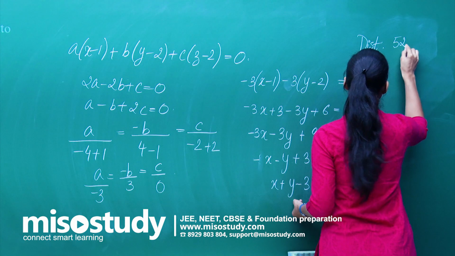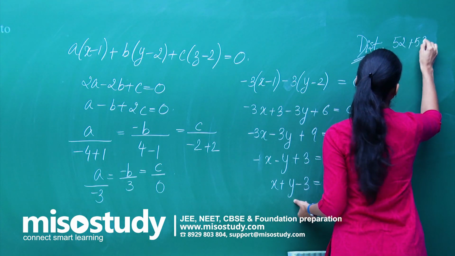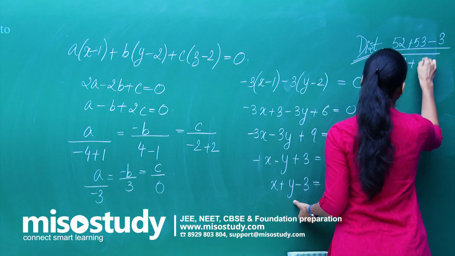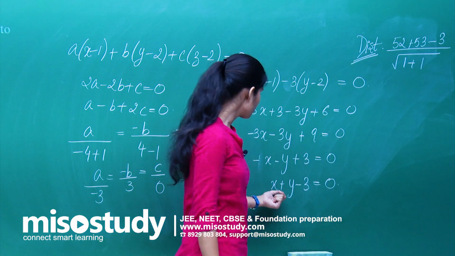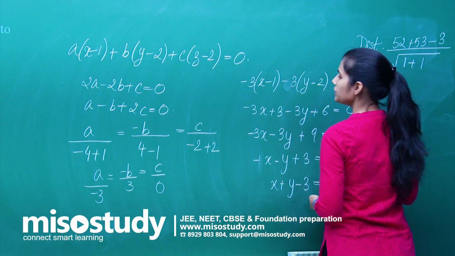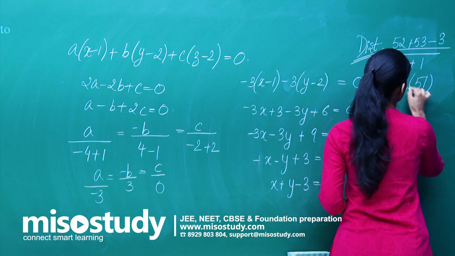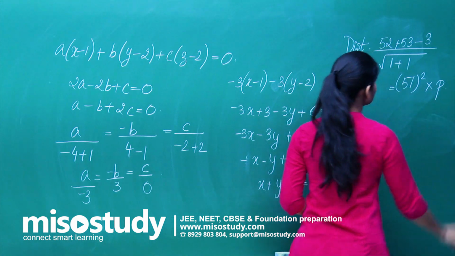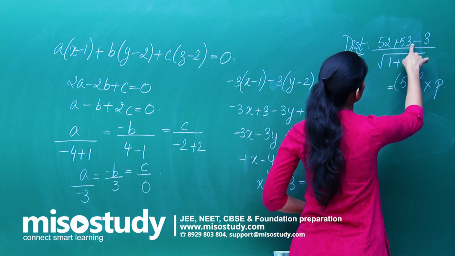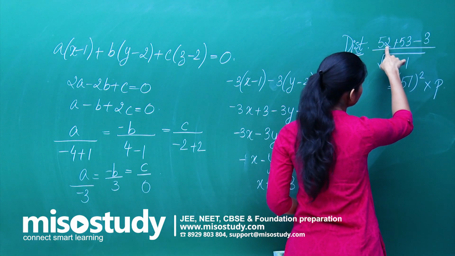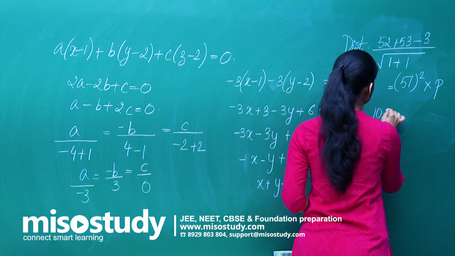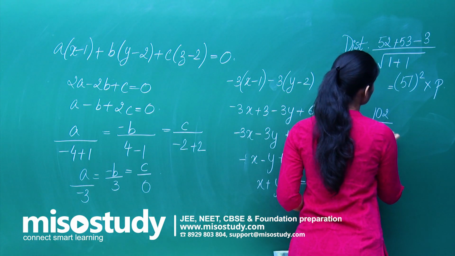So 52 plus 53 minus 3 whole upon root over 1 square plus 1 square. This is given to you as 51 square into p. Right? Let's calculate this. This becomes 3 plus 2 is 5. So this is 105 minus 3, which is 102 upon root 2.